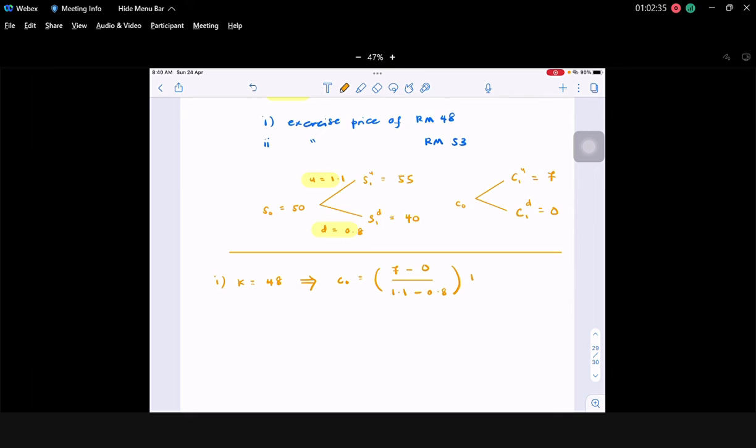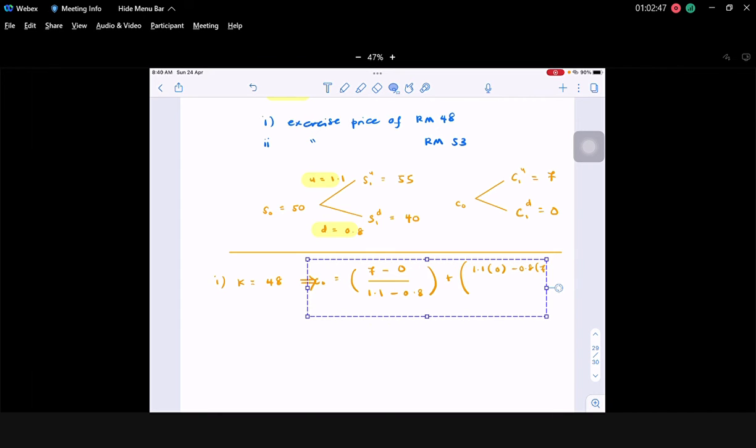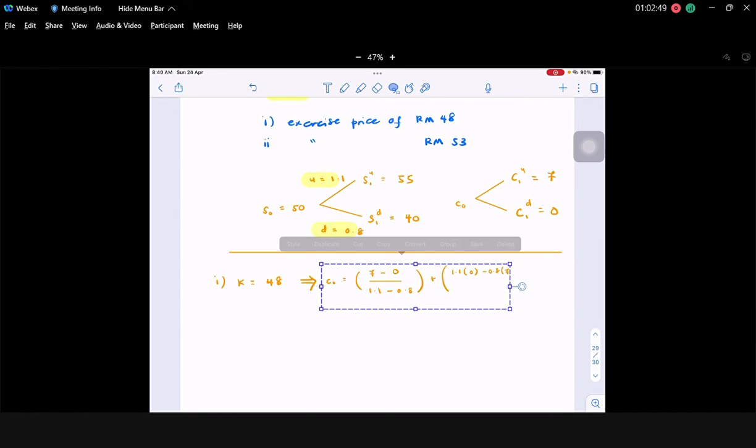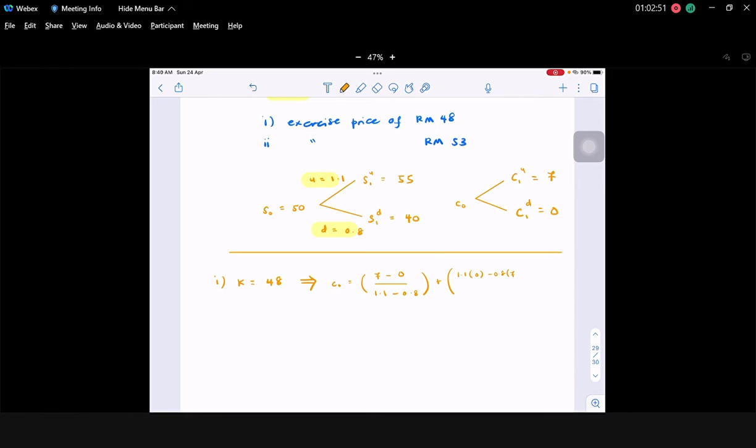Okay, so then plus 1.1 times 0 minus 0.8 times 7. Okay, so divided by 1.04 times 1.1 minus 0.8.